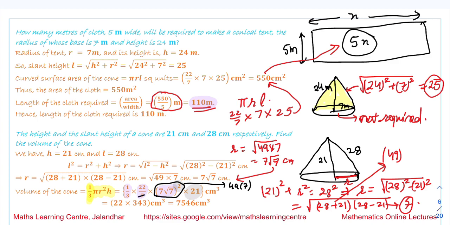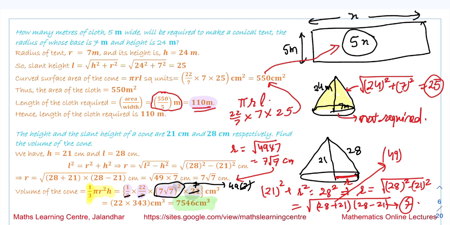Then the 7 gets cancelled over here. These 3 sevens are 21. So what we are left with is 22 into 7 cube. So it is 343, and the final answer that we obtain is 7546 centimeter cube. This is the final answer, that is the volume of the cone.